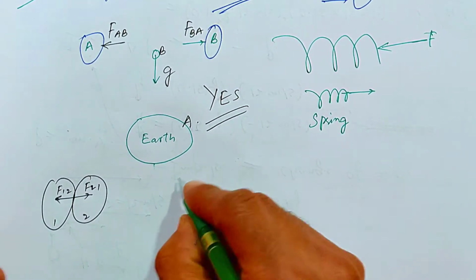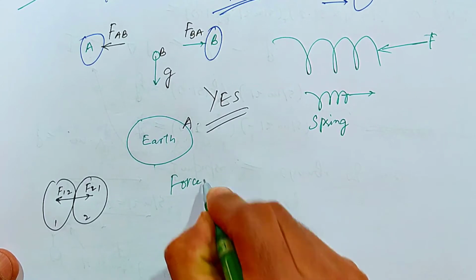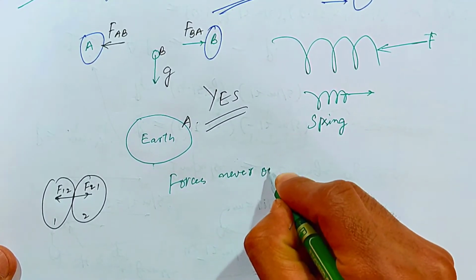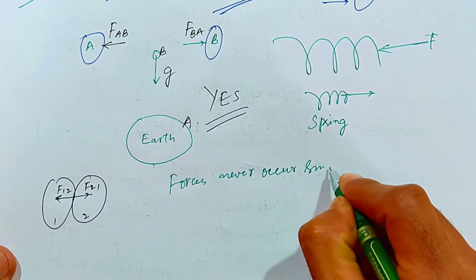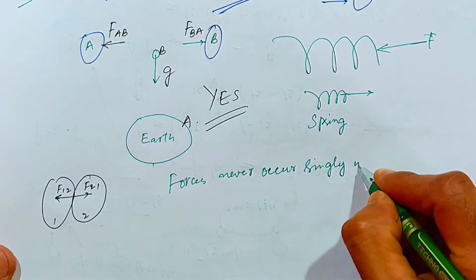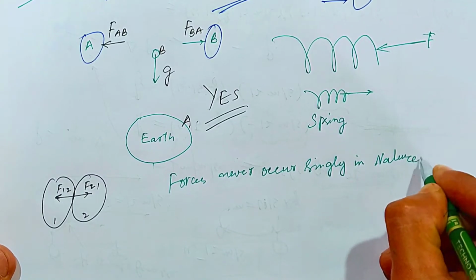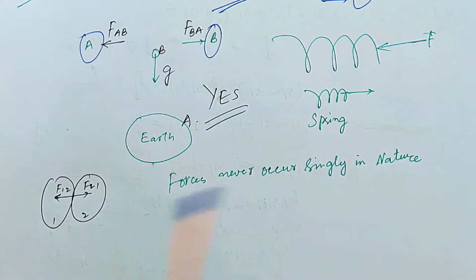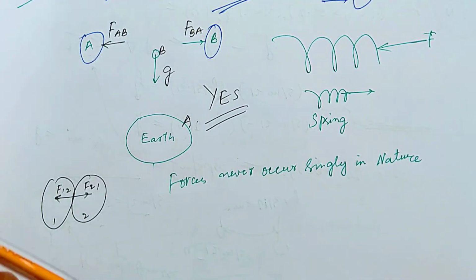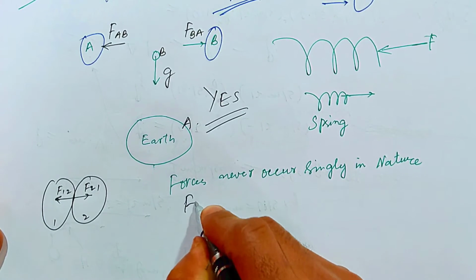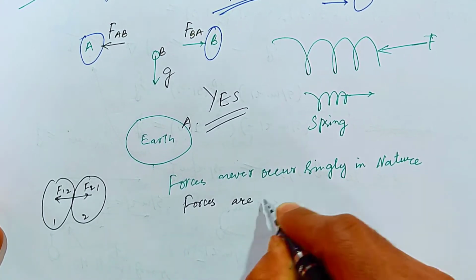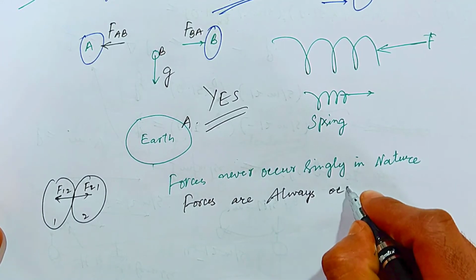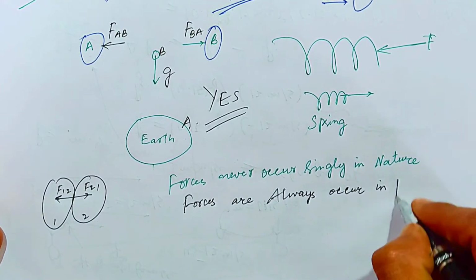So we can say that forces never occur singly in nature. That means forces are always generated in pairs. Forces are always generated in pairs. They occur in pairs.